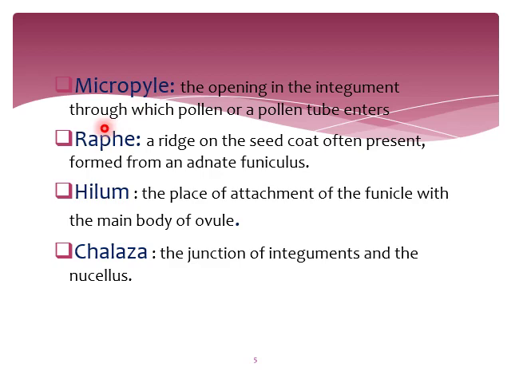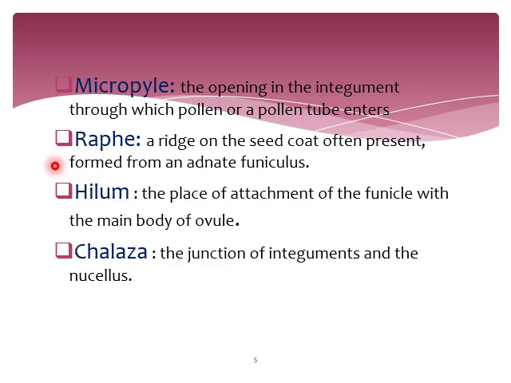Then we have a raphe. This structure is actually a ridge on the seed coat, often formed from an adnate funicle.